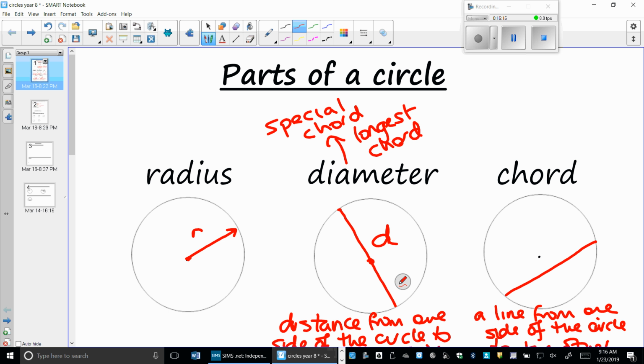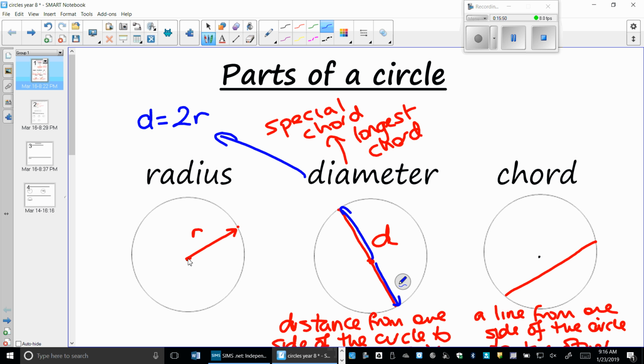So if this is from the centre to the outside, and this is all the way through, then the diameter must be equal to 2 lots of the radius. Because we can do this, radius, radius. It's the same thing, isn't it? So 2 lots of the radius must be equal to the diameter.